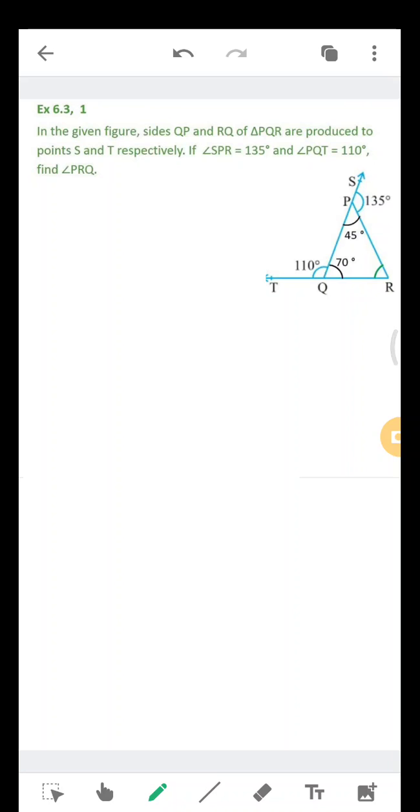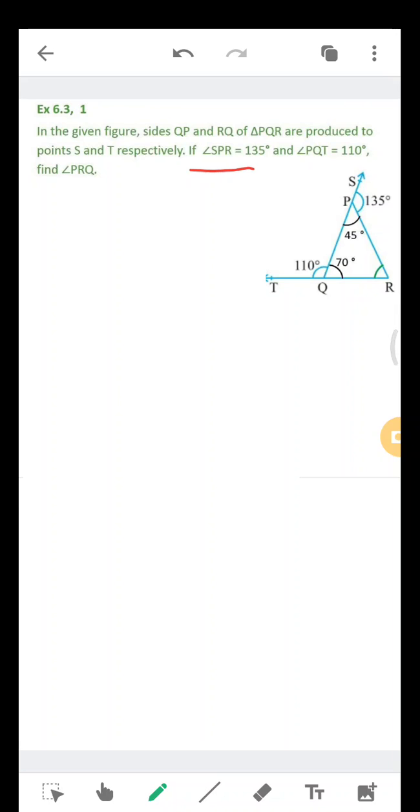In the first question of exercise 6.3, you can see it is given that in the figure side QP and RQ of triangle PQR are produced to points S and T. So this is the triangle PQR, you can see here. The side QP is produced to S, produced means extended, and the side RQ is extended to T respectively.